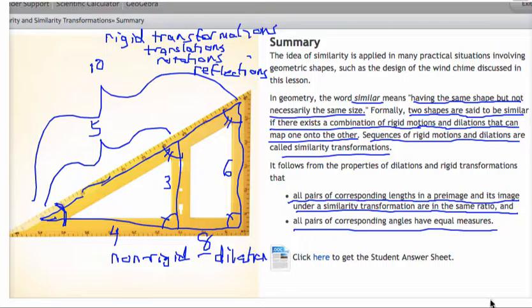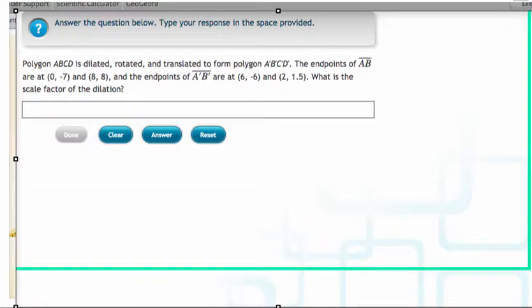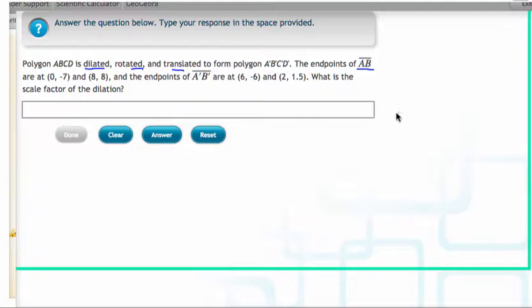Now let's look at some problems from this lesson. Polygon ABCD is dilated, rotated, and translated to form polygon A', B', C', D'. The endpoints of segment AB are at (0, -7) and (8, 8), and the endpoints of A'B' are at (6, -6) and (2, 1.5).